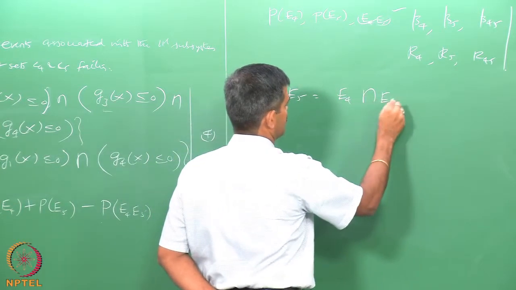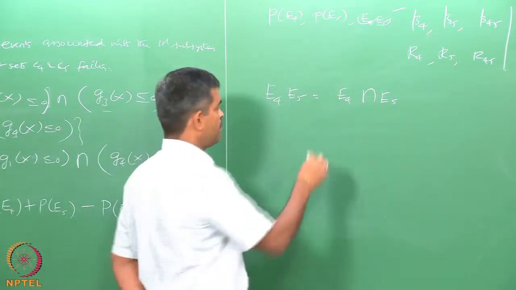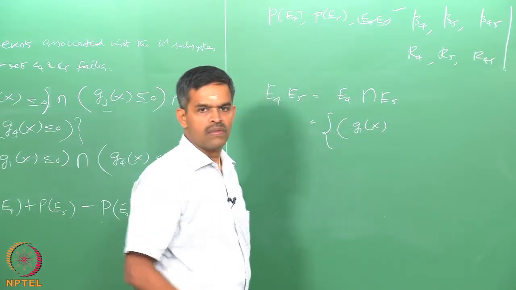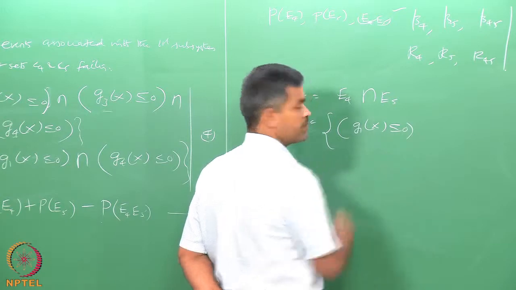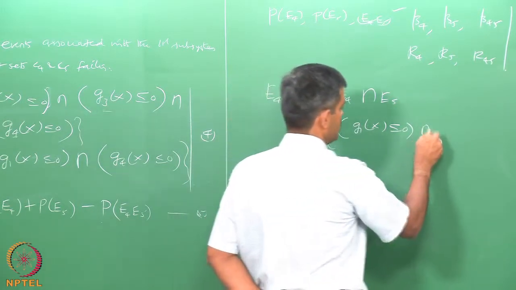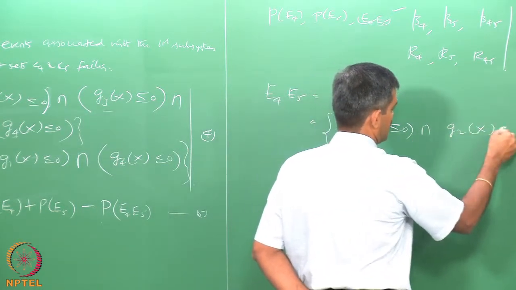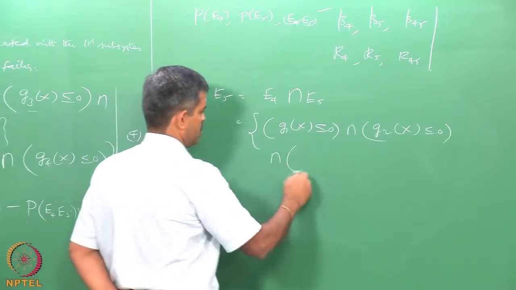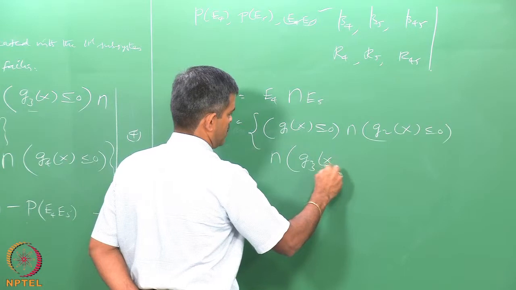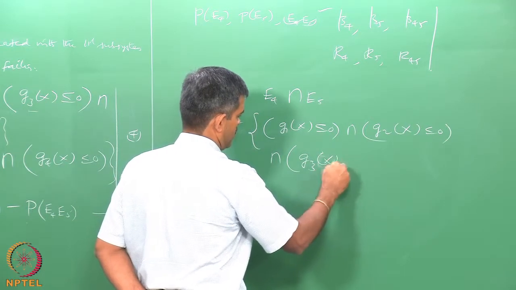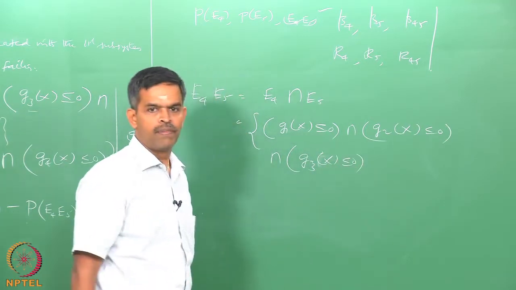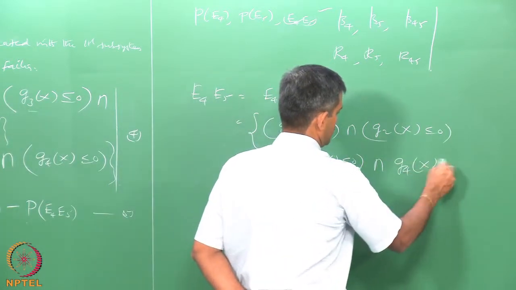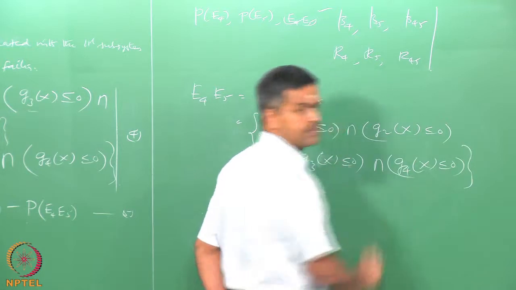E4 intersection E5, which can be simply G1 of x less than or equal to 0 domain, intersection of G2 of x less than or equal to 0 domain, intersection of G3 of x less than or equal to 0 domain, intersection of G4x less than or equal to 0 domain.